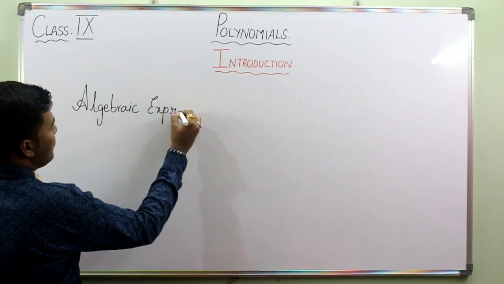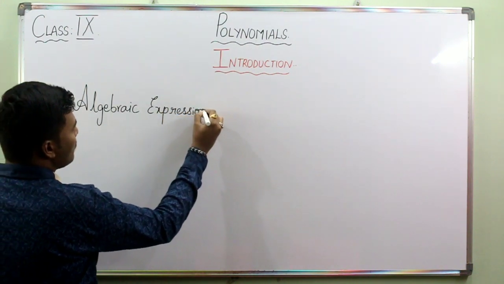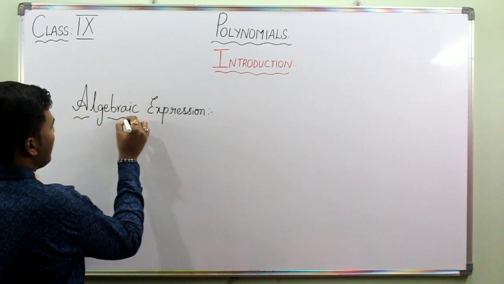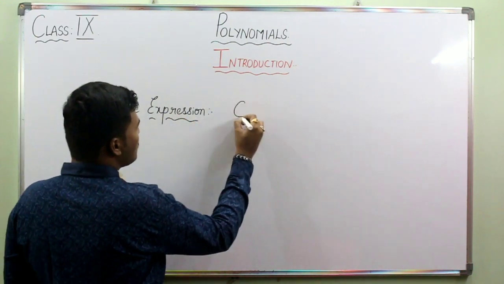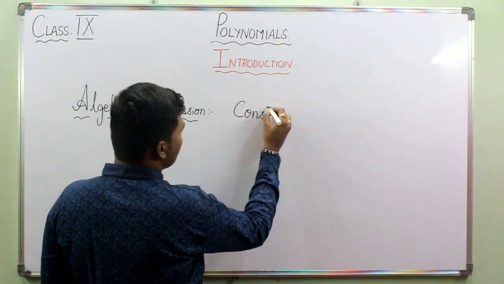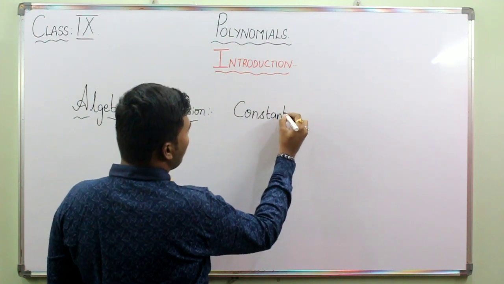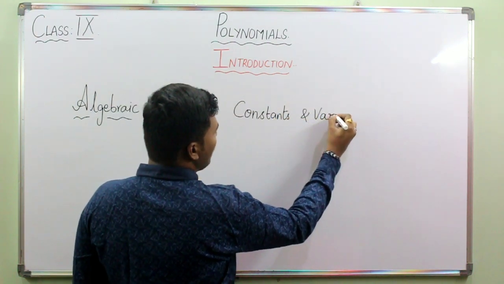So an algebraic expression is a combination of constants and variables. Okay, constants and variables.